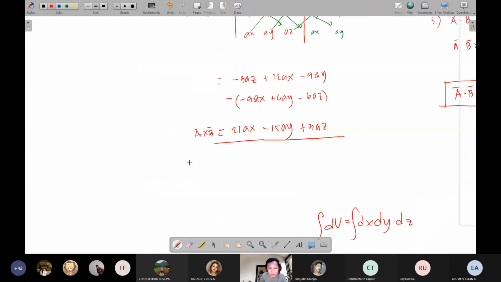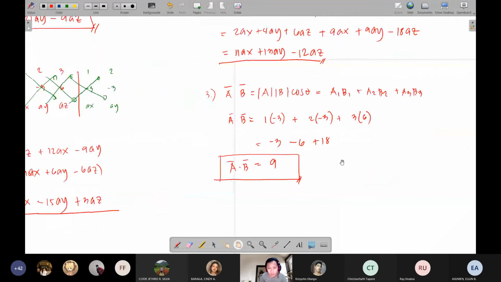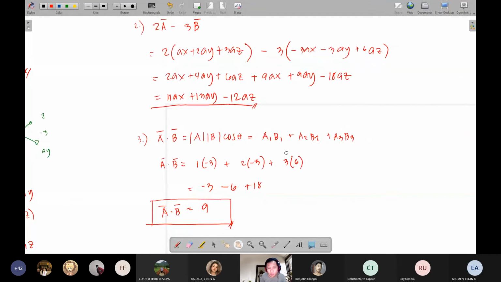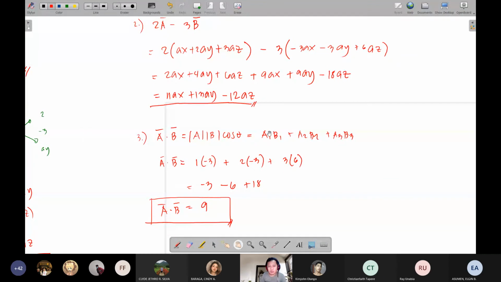Now if you have A cross B dot C, recall that for the dot product, we can just multiply the magnitudes in the same direction, whether in the x-axis, y-axis, or z-axis.